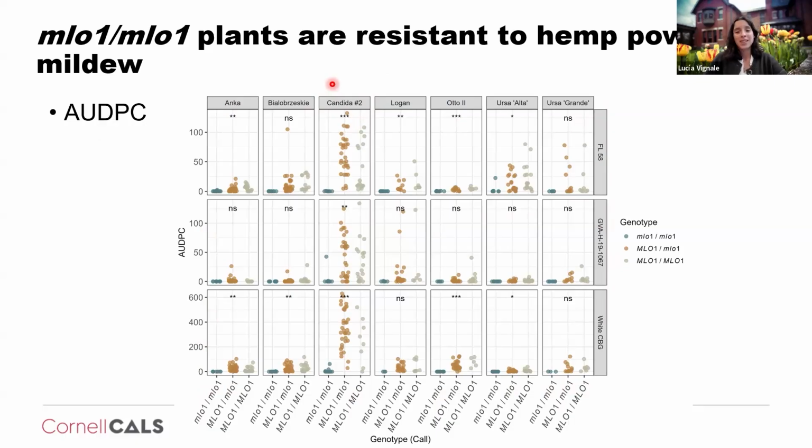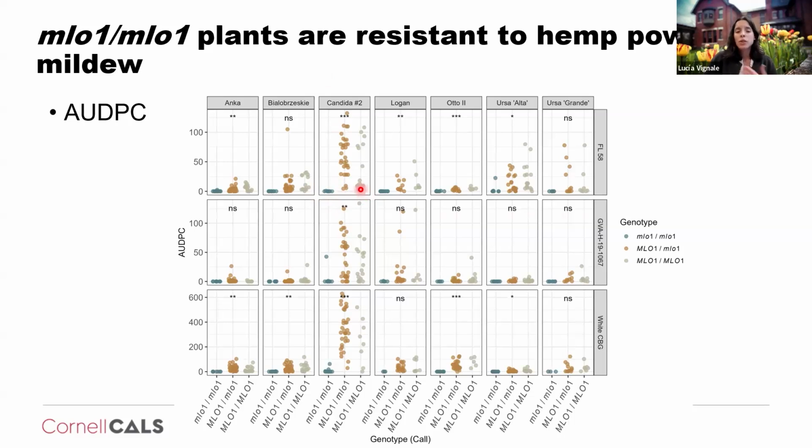When you cross very susceptible plants with resistant plants, that's when you see the highest difference between the groups. So our homozygous MLO1 plants were resistant to hemp powdery mildew, and the heterozygous plants and the homozygous wild-type plants all had different levels of disease and were susceptible to hemp powdery mildew.